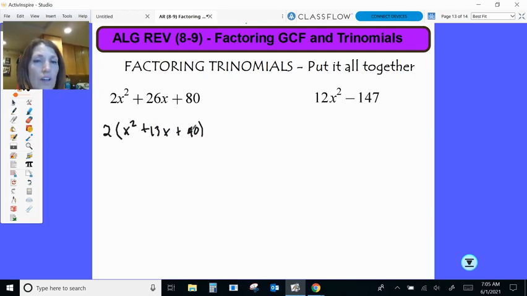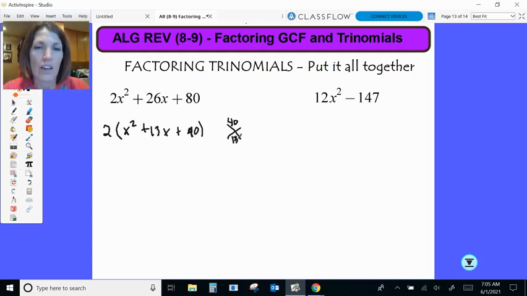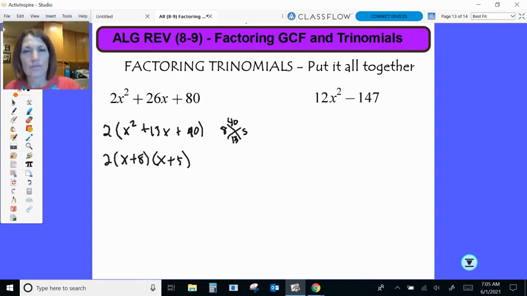Okay, 40 here. Okay, and then factors of 40 that add up to 13 are, what is that, 8 and 5? So 8 and 5. So we're going to go 2 times x plus 8 times x plus 5. And voila, we're factored.